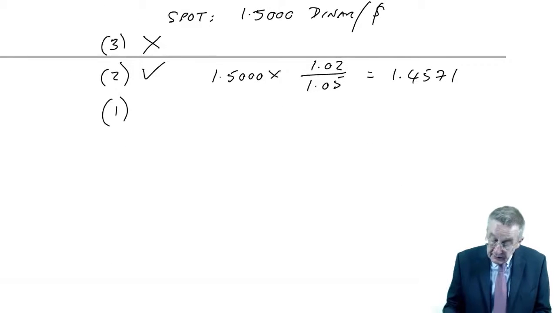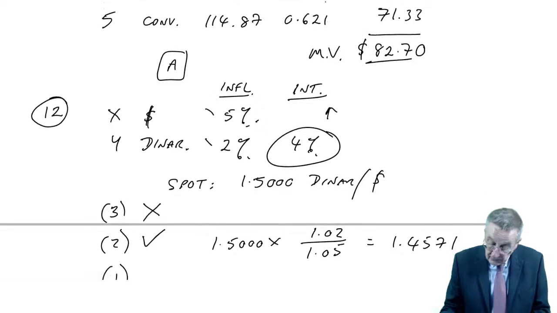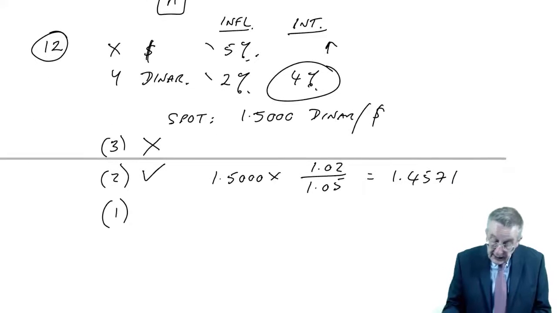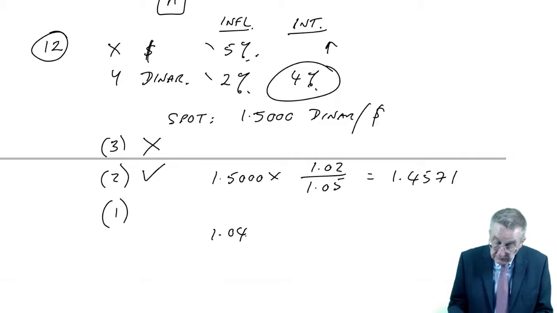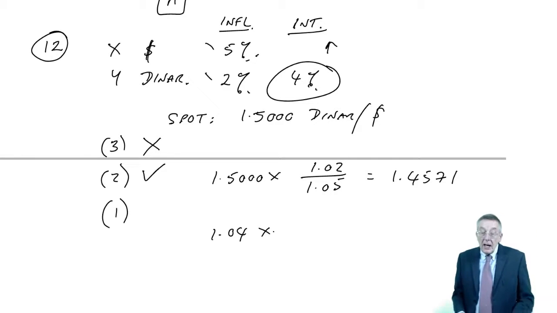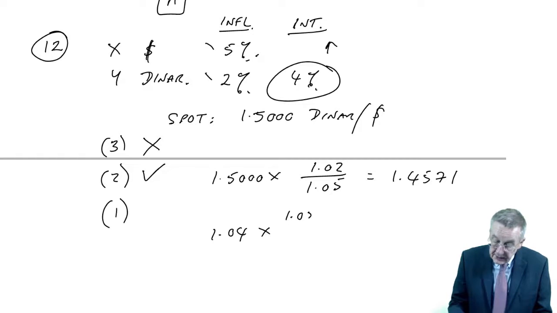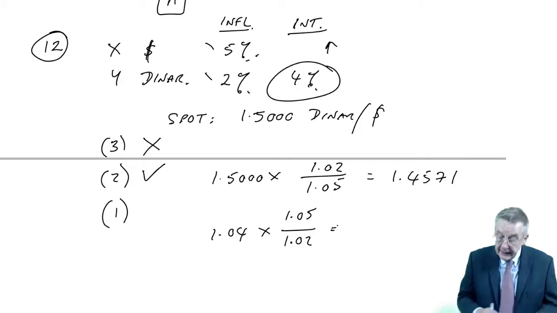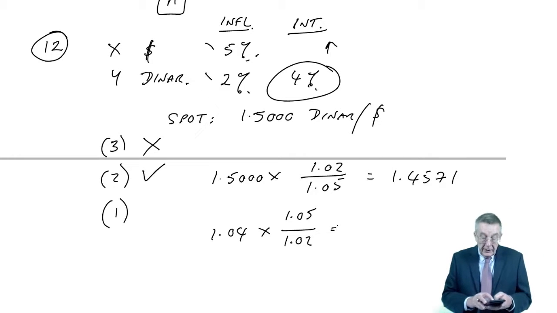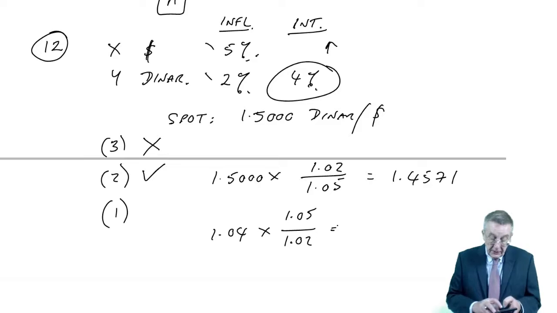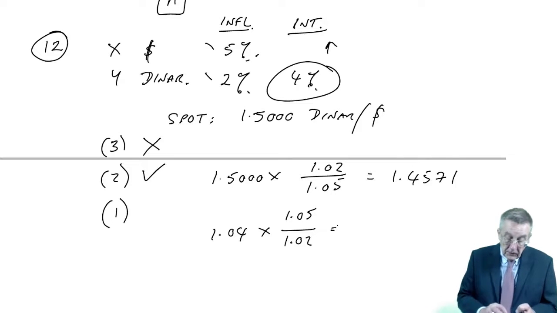But it's interest rate parity, effectively, that the interest rate in dinars is 4%, up at 1.04. The interest rate in X, therefore, should be 1 plus the inflation in X over 1 plus the inflation in country Y, which is 1.05 divided by 1.02 times 1.04.